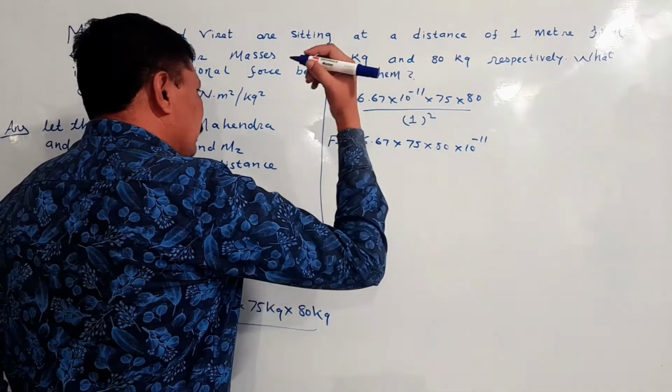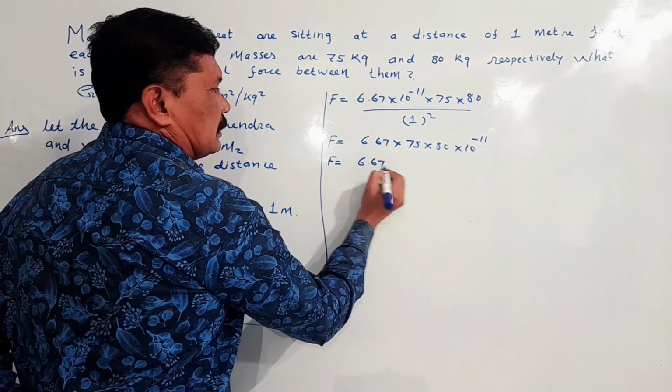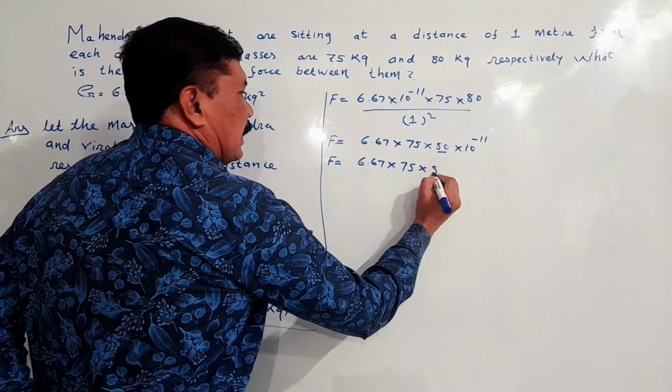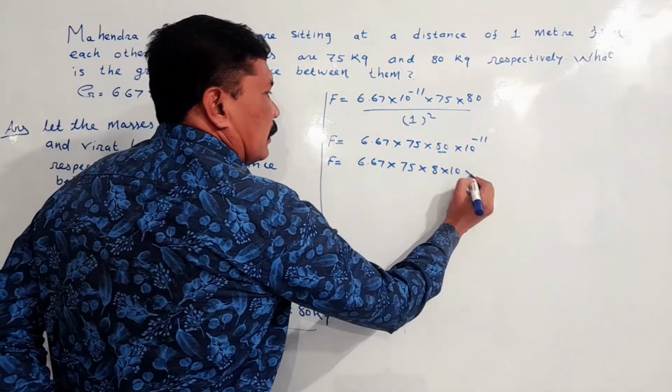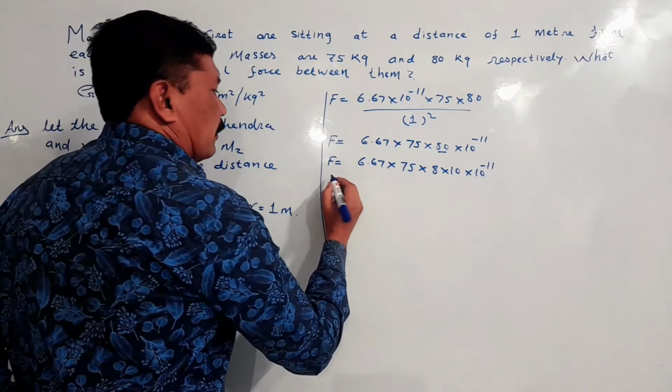F is equal to 6.67 into 75 into 80, we can write 8 into 10, into 10 to the power minus 11.